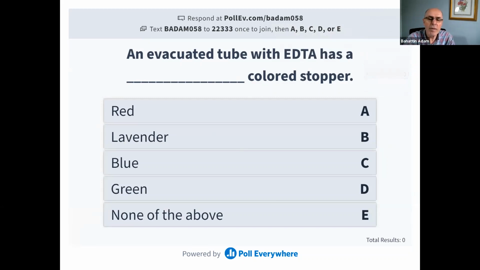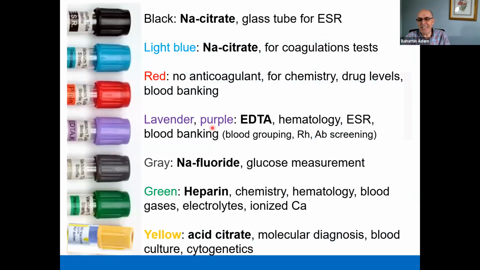Now you will see the answer here. These are the different kinds of test tubes that we are using in the clinical laboratory. The tube with the black stopper includes sodium citrate, and this is the only glass tube, used for the erythrocyte sedimentation rate, ESR.